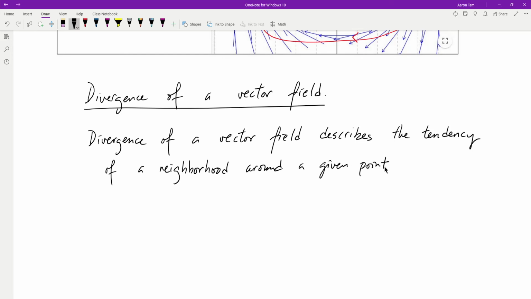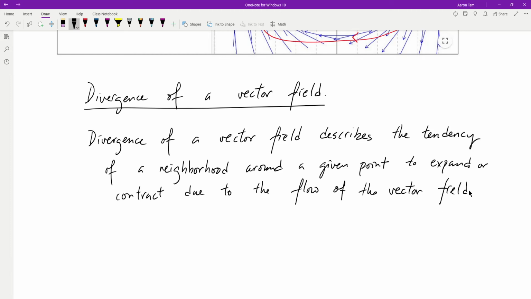The tendency of a neighborhood around a point to expand or contract due to the flow of the vector field.